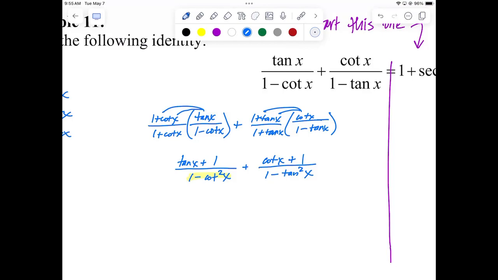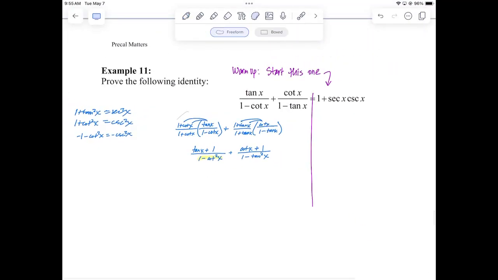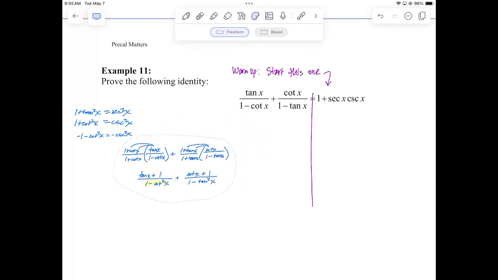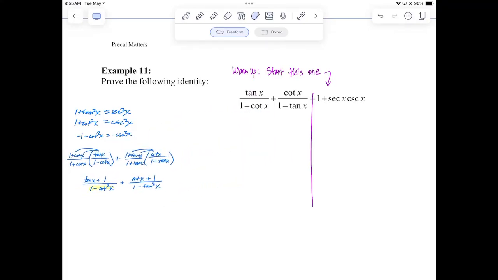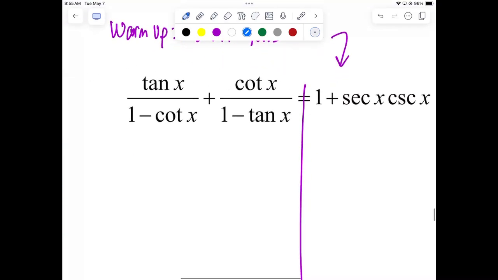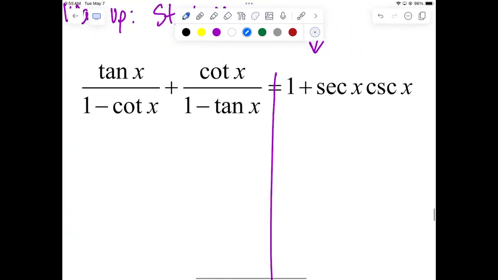Because notice it's a little more complicated now. You have squared instead of non-squared, and you have plus 1s in the top. So here's what I'm going to do. I'm just going to take this, and I'm going to bring it over here, and I'm going to put it in a storage closet. It's not wrong, but it's not the direction I think I want to go at this point. Okay? Did anybody do anything different on the left-hand side?